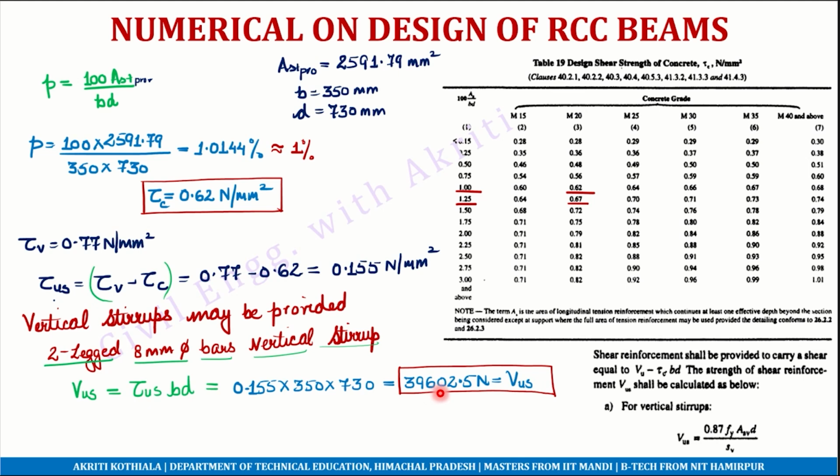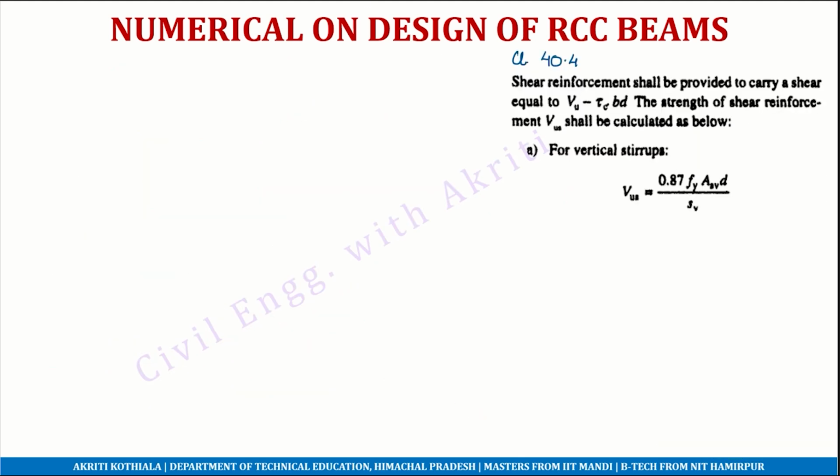So using this equation, or from clause 40.4, we obtain VUS is equal to 0.87 Fy ASV D upon SV, where VUS we have calculated, Fy we know, D we know, ASV is the area of the stirrup which we can calculate from the two-legged 8 mm diameter stirrup.